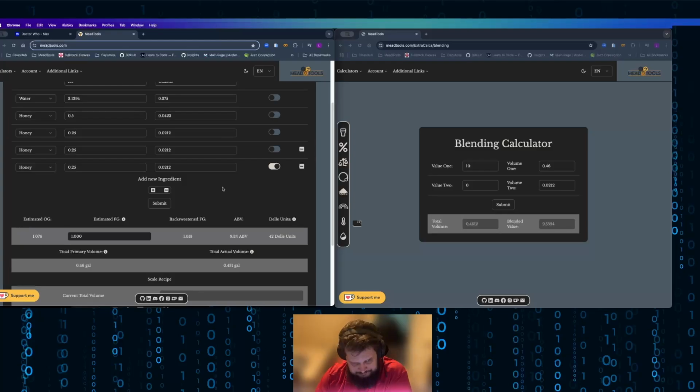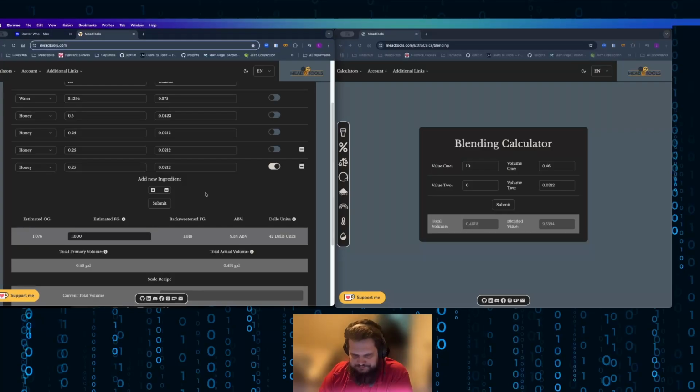But regardless, that makes the final ABV somewhere around 9.5%. It says 9.3 here. It says 9.55 here. That's just slight differences in rounding errors from the volumes there. But either way, we're looking at just below 10% and 1018, which is pretty much exactly that. 1018 is the exact number that they came up with.